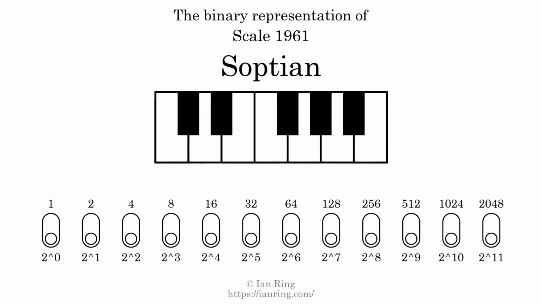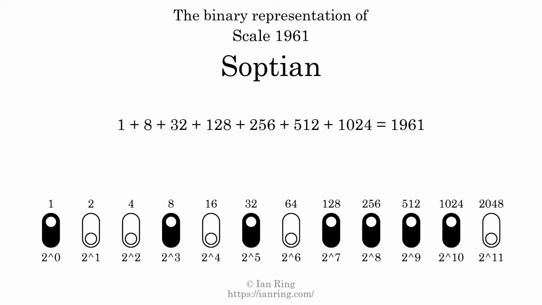The binary representation of this scale is determined by mapping tones of the scale to binary digits. Each binary digit represents a power of 2. To get the scale number, we add the powers of 2 together. The powers of 2 that are present in the scale, all added together, equals 1961.